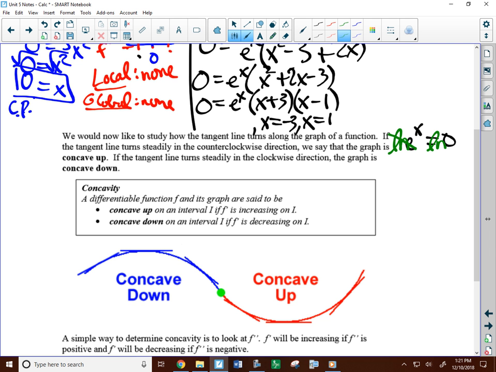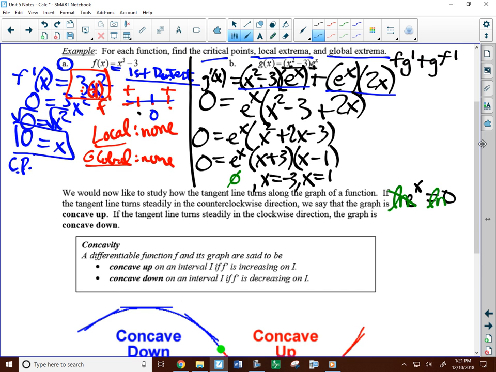But ln of 0 is undefined, so you would actually get no solutions from this one. If you try to do that in your calculator, it would not work. Two critical points. These are two of our answers. I'll just put CP, critical points.